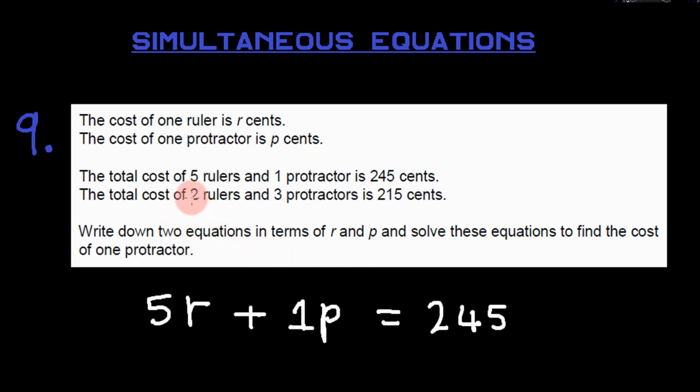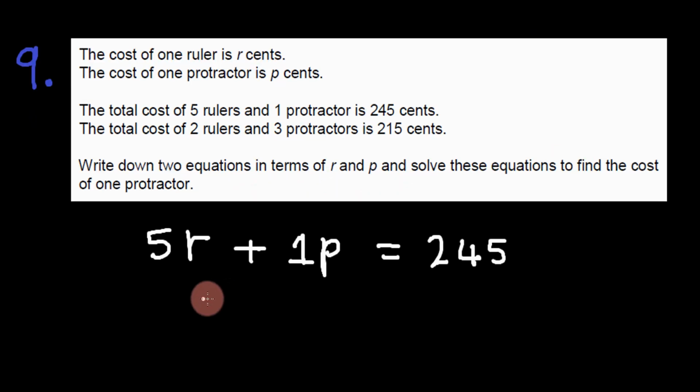Then we have 2 rulers and 3 protractors. So 2 rulers, each of the rulers will cost R cents. So the total cost will be 2R, or 2 times R, plus 3 protractors, and each protractor is P cents. So we'll pay 3 times P, or 3P, for the 3 protractors.